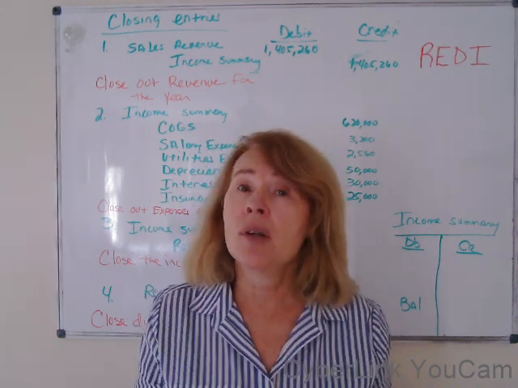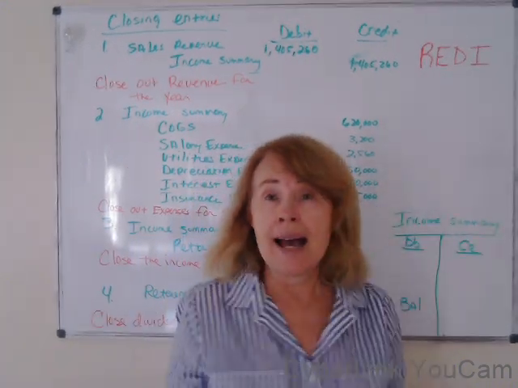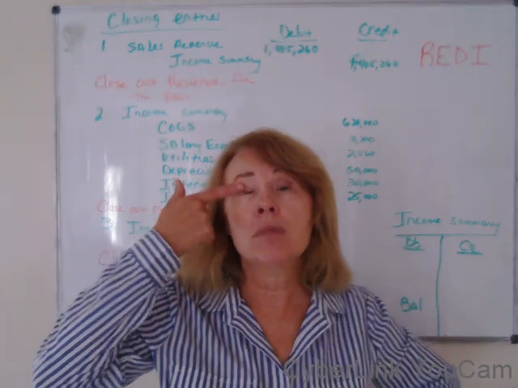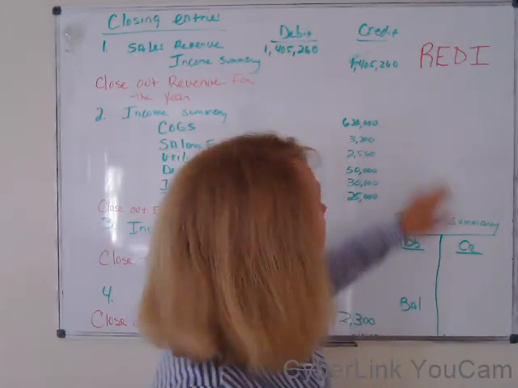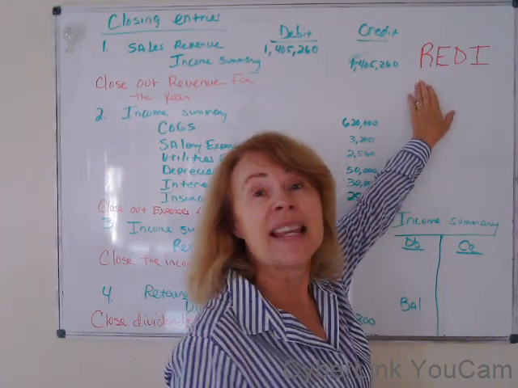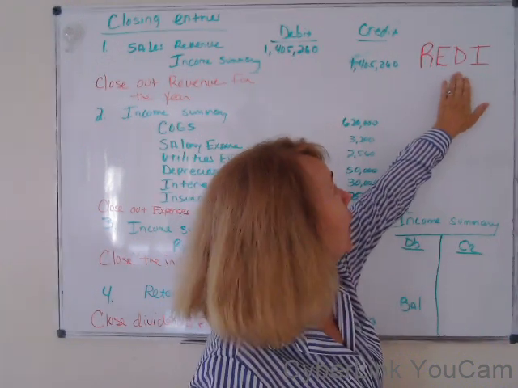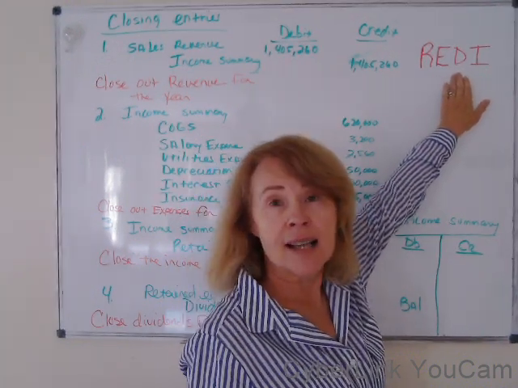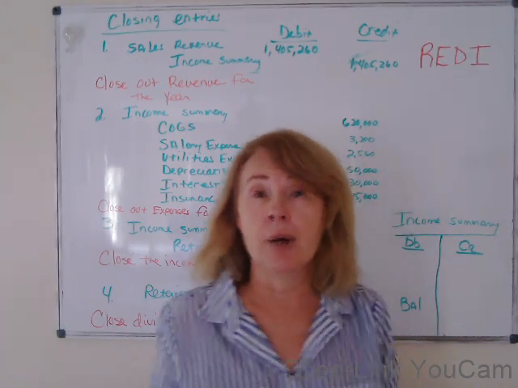Temporary accounts are going to be known by this red eye. So someone has a red eye. The R will stand for revenue. The E will stand for expenses. The D will stand for dividends, and the I will stand for income summary.